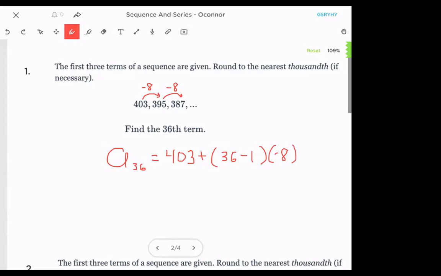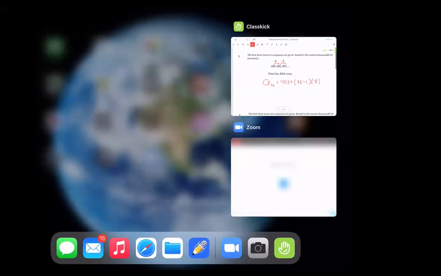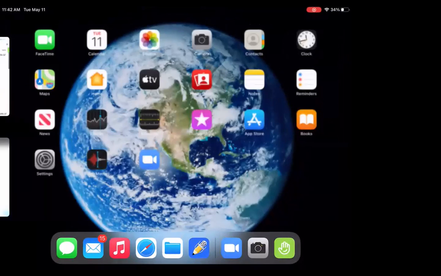And now we're just going to plug that in. So I determined what formula to use, and now I'm going to plug it into my calculator. So I have 403 plus 35 times -8.